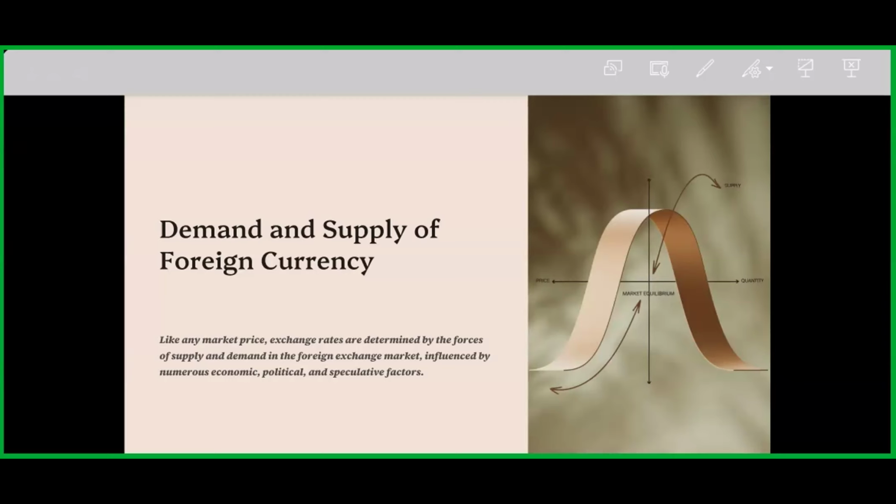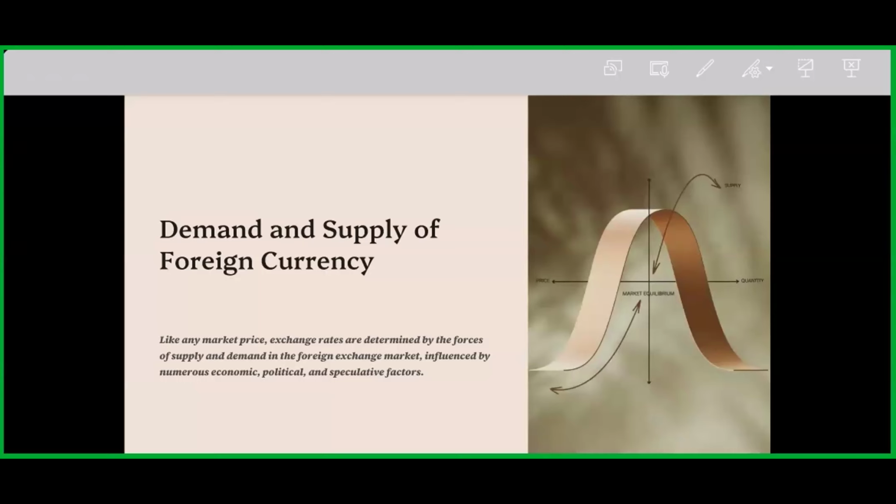Okay, so this demand and supply of the currency is influenced by different factors. One of the factors is the economic factor. That means the rich, developed countries: their economic conditions automatically affect the demand for that particular currency in the market.